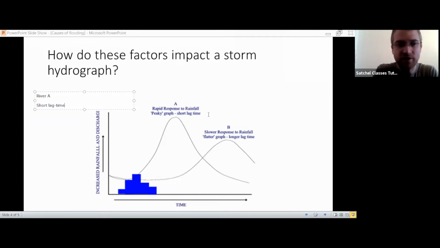So short lag time, and it's got a high discharge. And the reason for that is because the rainfall is rushing into the river instead of absorbing into the ground.